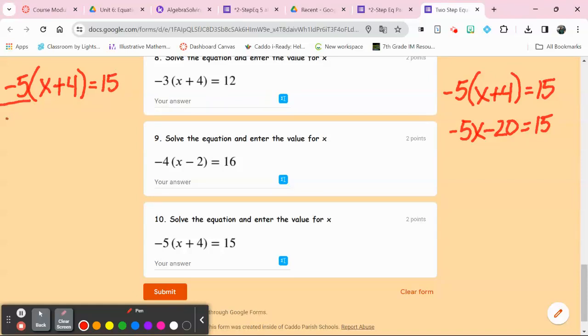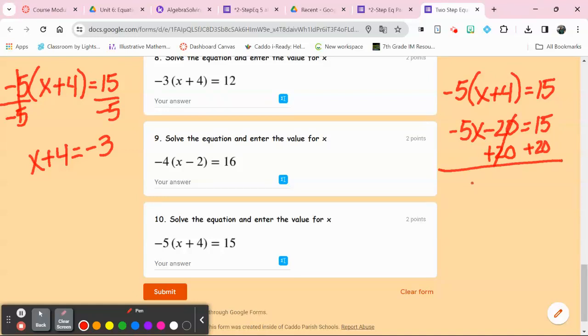So I'm going to divide by negative 5, divide by negative 5. That leaves me with one group of x plus 4 equals, I've got one negative, negative 3. All right, back over to this side. The opposite of subtracting 20 or negative 20 is plus 20 or positive 20.